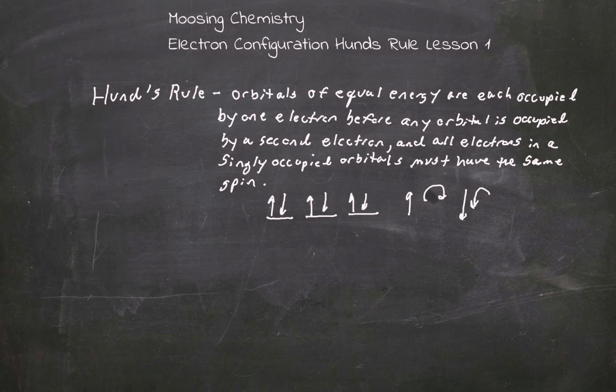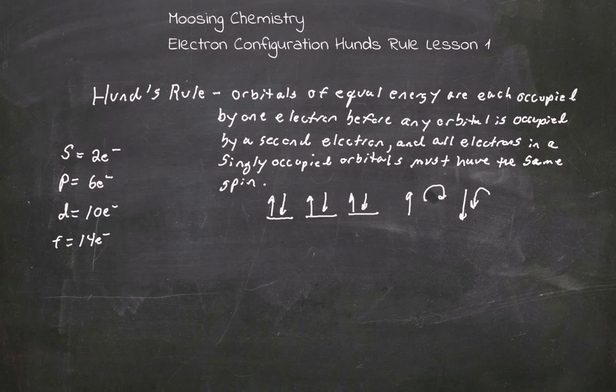Okay, so let's look at a couple of things while we're getting ready to do Hund's rule. Remember that the s shell can hold 2 electrons. The p shell can hold 6 electrons. The d shell can hold 10 electrons. And the f shell can hold 14 electrons. So what does that really mean?